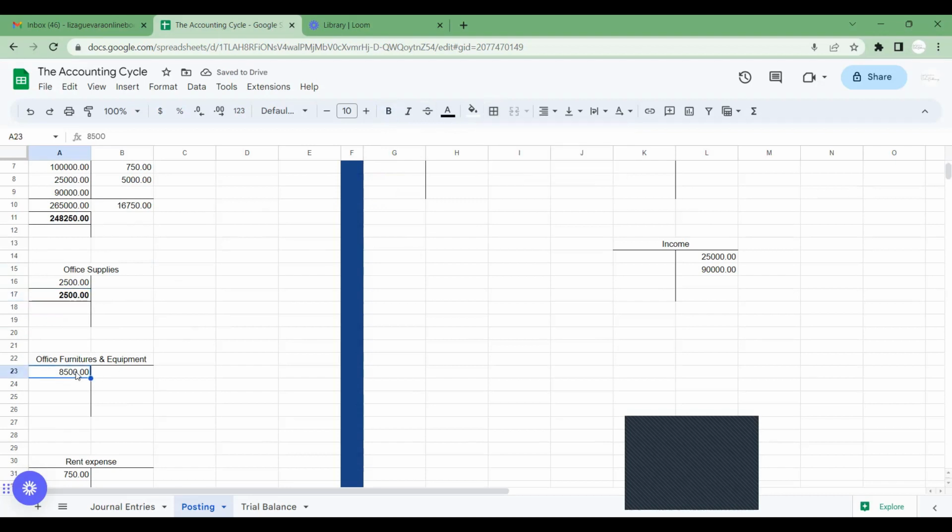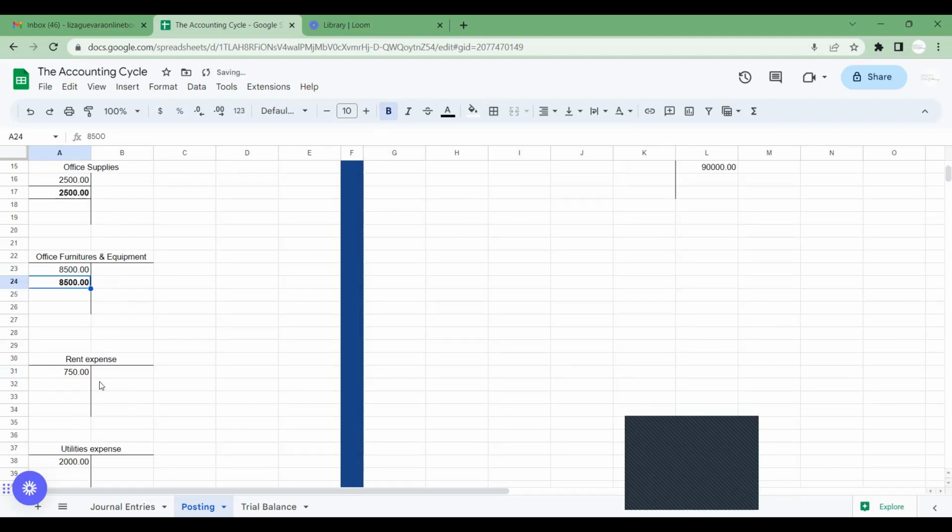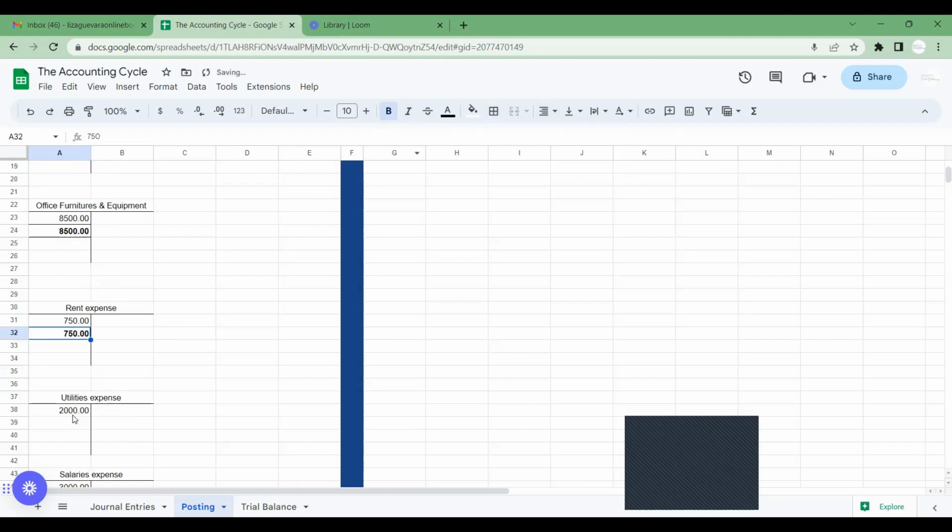The balance of your office furniture and equipment is this one. Your rent expense is the same. Utilities is the same.